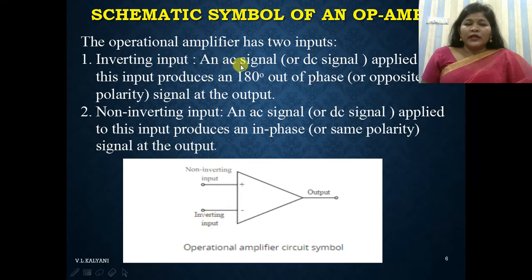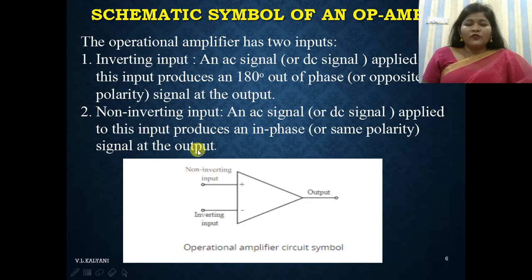An AC signal or DC signal applied to the inverting input produces a 180-degree out of phase or opposite polarity signal at the output. So if we apply the input in the form of a sine wave, then the output will be in the form of a cosine wave.